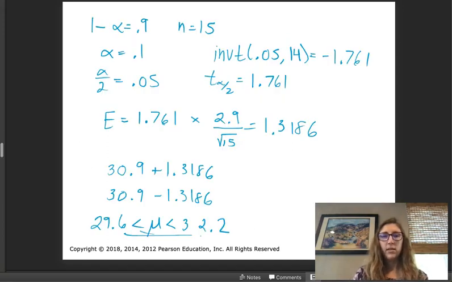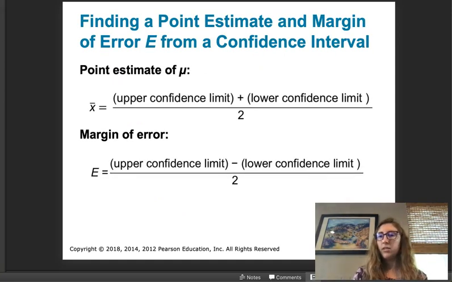Okay, so let's see. Very similar to 7.1, it is also good to be able to find your sample mean and your margin of error given your confidence interval. If I give you that confidence interval, to find x bar, your sample mean is right in the middle of that.